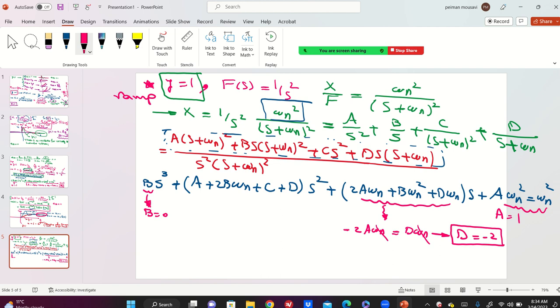So from here, c is going to be minus a minus d. A is minus 1, d is plus 2. It's going to be 1. Bingo. Okay? Everybody?